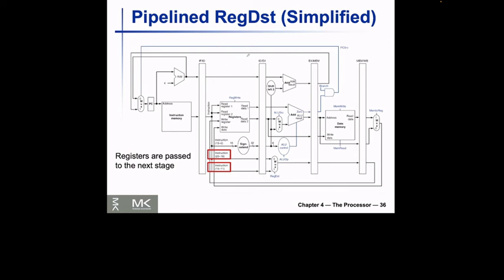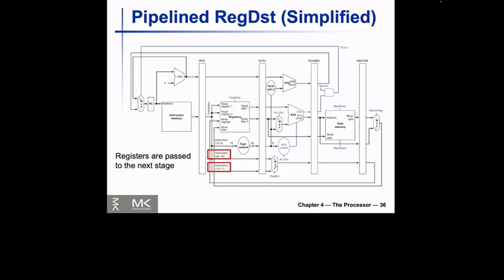And here, after the instruction decode, we know whether this is an R-type or an I-type instruction. If that's an R-type instruction, the write register should be RD. If that's an I-type instruction, the write register can only be RT.